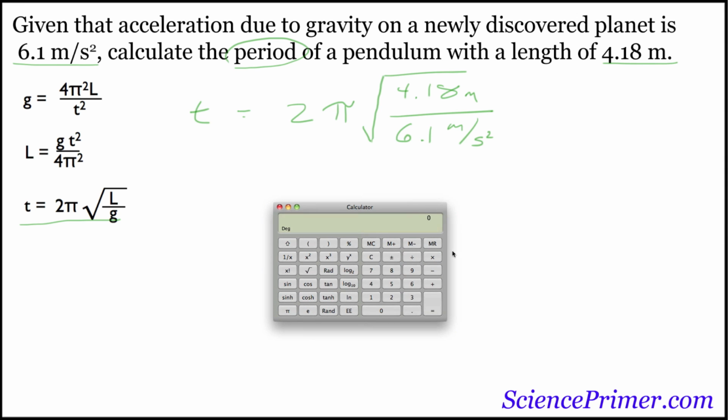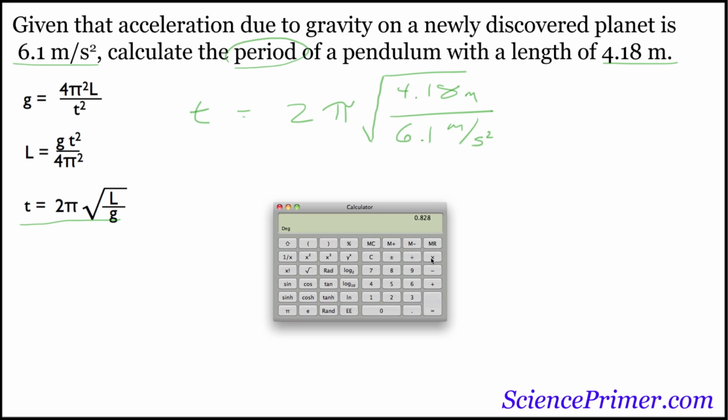Pull in the calculator. It's easiest to deal with the numbers under the square root sign first, so 4.18 divided by 6.1 equals 0.685. We'll take the square root of that.